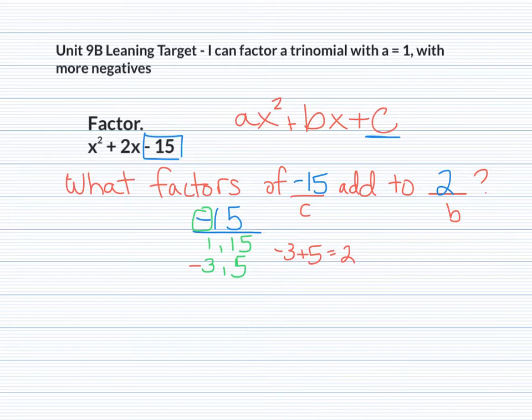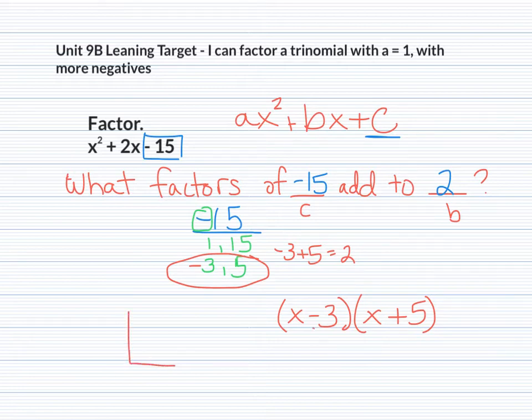So that's my pair. The factors would be x minus 3 and x plus 5. It does not matter which of these goes first, but the negative has to be with that 3.